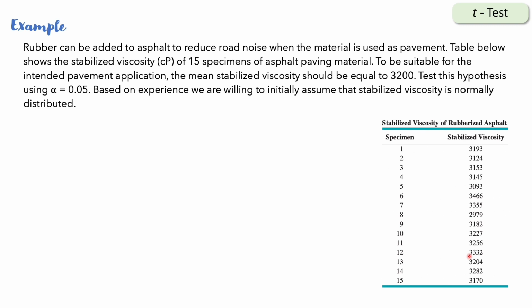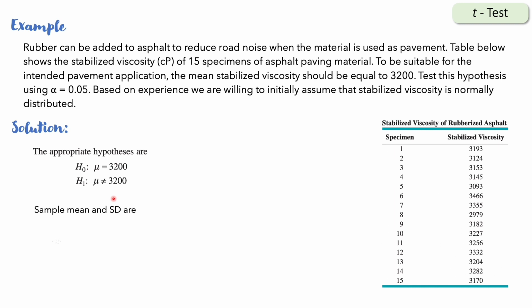So if you do not know the value of variance, we can use t-test here. Okay, first, like before, we want to write down the hypothesis. So the null hypothesis is that mu is equal to 3200, while the alternative hypothesis that we propose is that it is not equal to 3200.